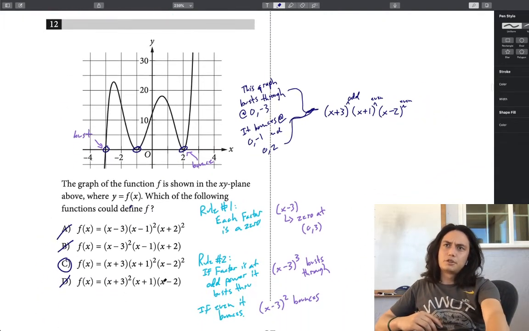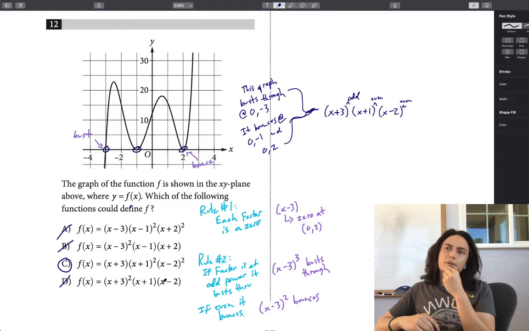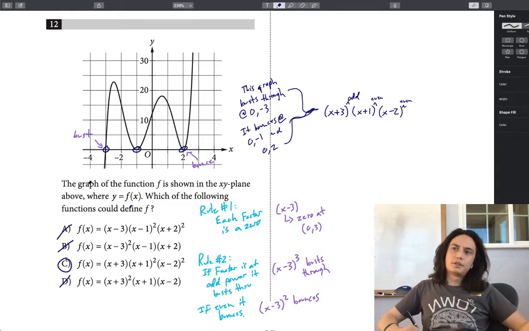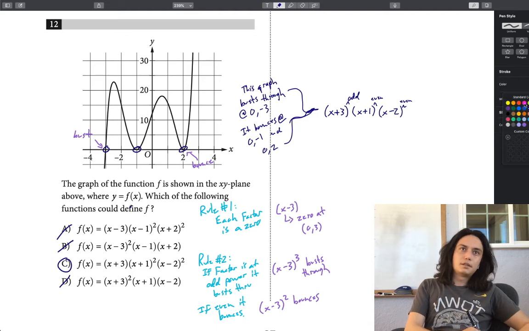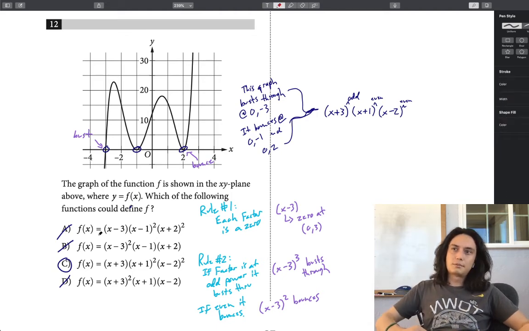Let me think a little bit more about how you could mess this up. The ways to mess this up are thinking that x minus 3 as a factor means that the zero is at -3, but it doesn't. You need to switch the signs. This means a zero at +3, which is the wrong way.